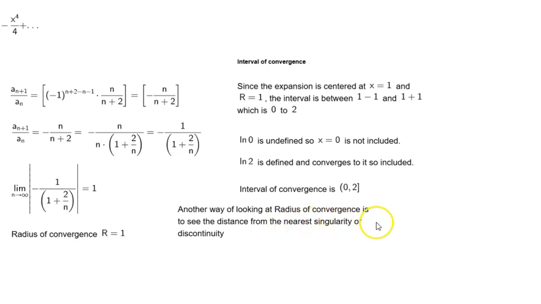Another way of looking at radius of convergence is to see the distance from the nearest singularity or discontinuity. As we have seen, as we get closer and closer to 0, the natural log of x goes to minus infinity, which is what singularity means. So the distance is the radius of convergence.